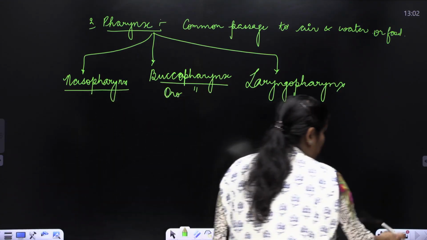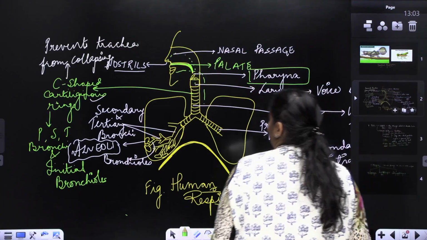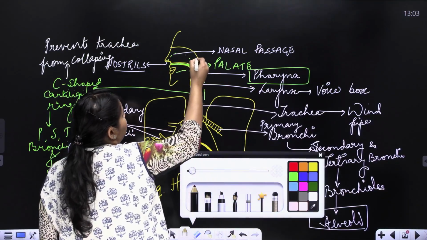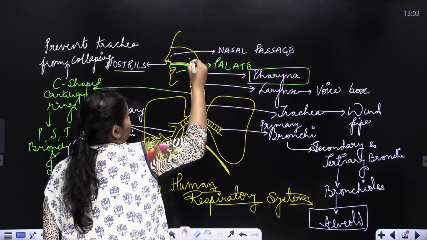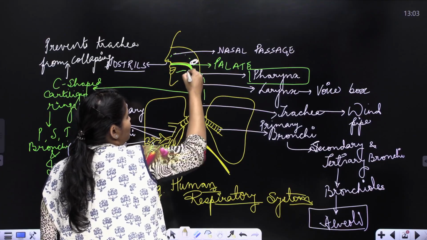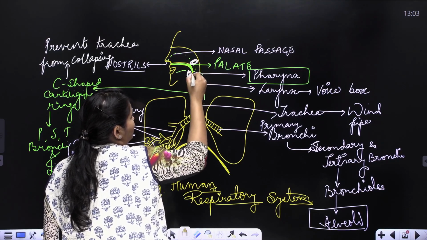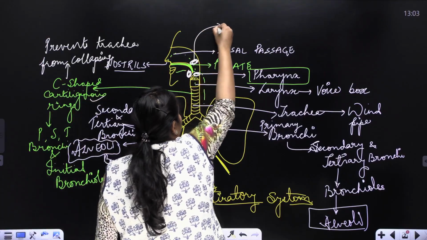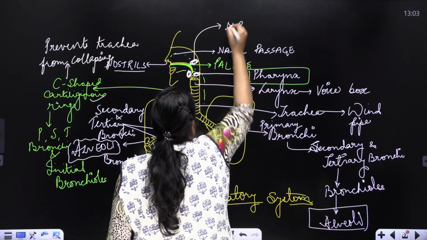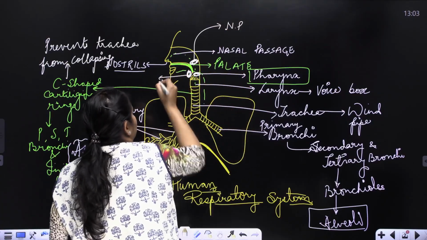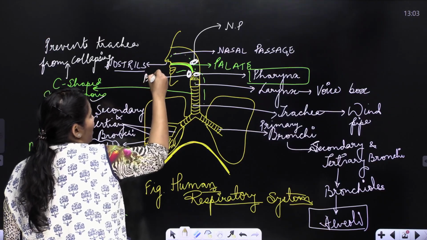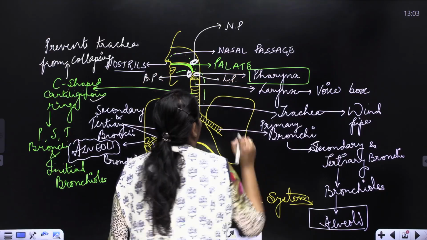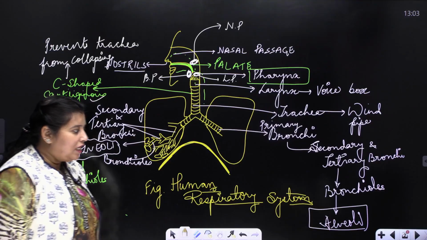Now quickly let's have a look at where I'm talking about the parts. Please look up here. This part that I'm circling is one part of pharynx, this is the second part of pharynx, and this is the third part of pharynx. The first part of pharynx, as I told you, is the nasopharynx. The second part is the buccopharynx, and the third part is the laryngopharynx. So I hope I'm clear with the three parts.